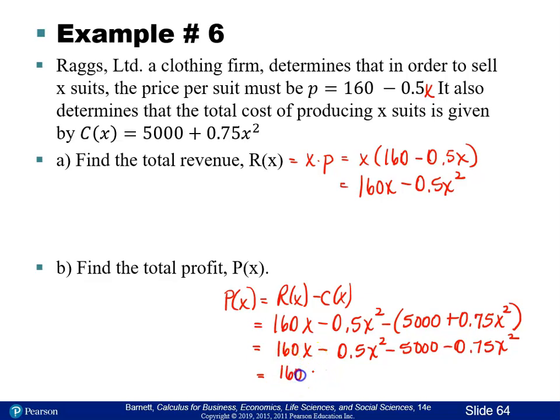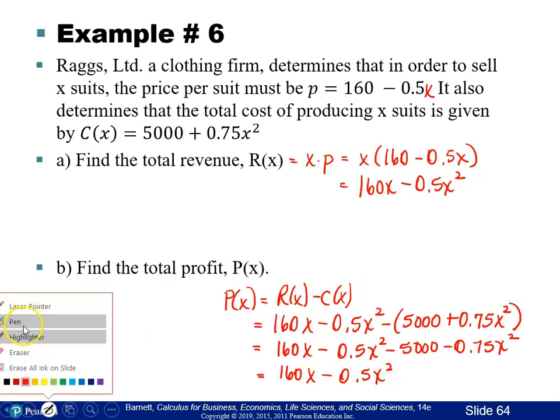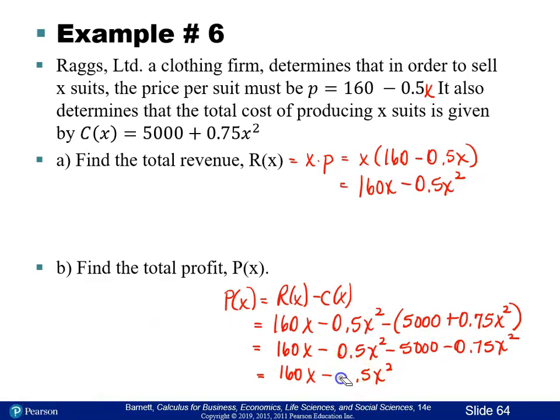So we've got 160x minus 0.5x. Okay, so we do want to combine these two together. And so if I combine those together, I'll have negative 1.25x squared and then minus the 5,000.